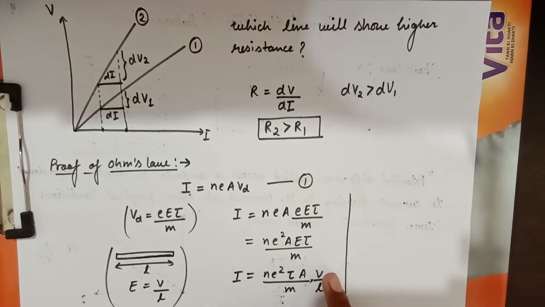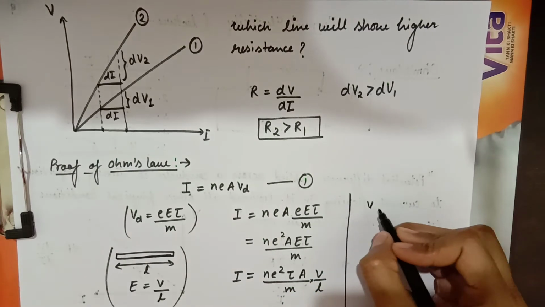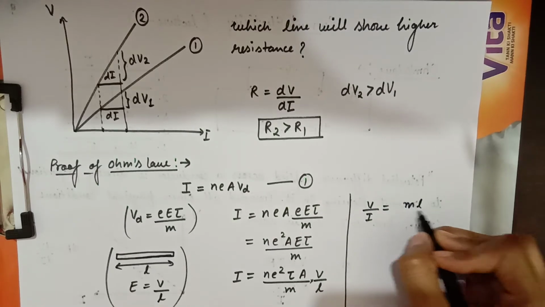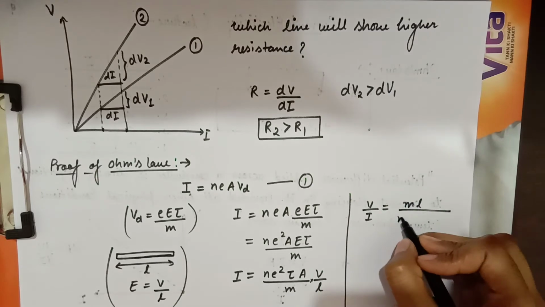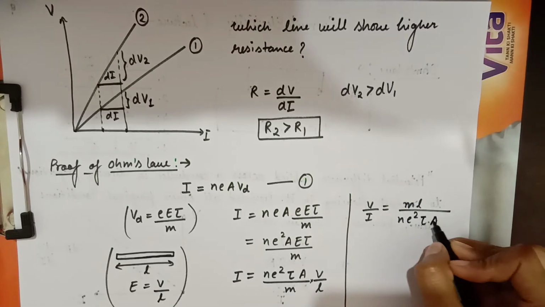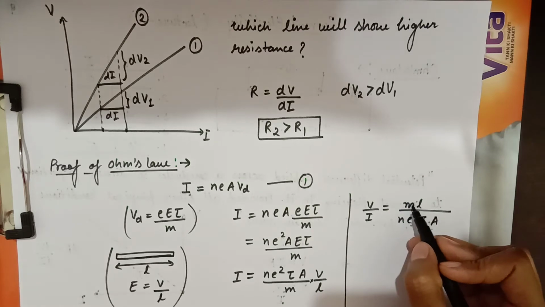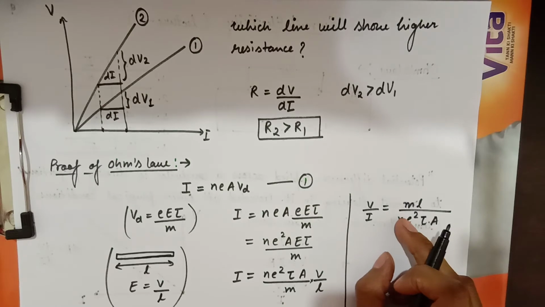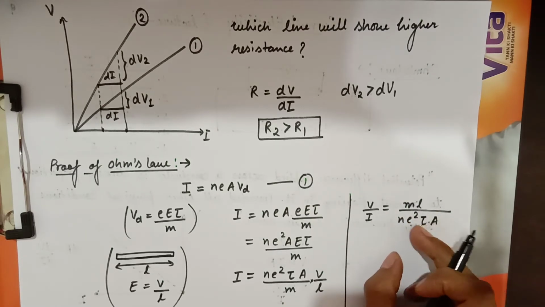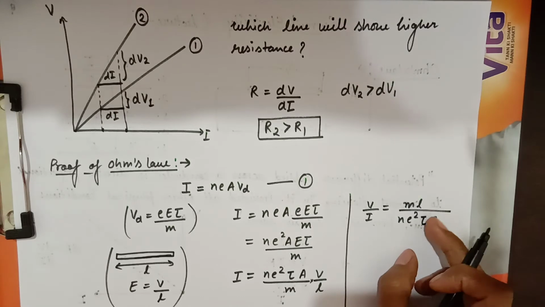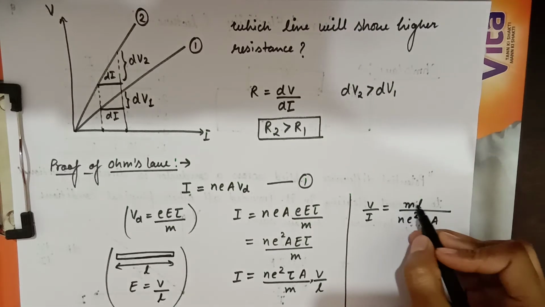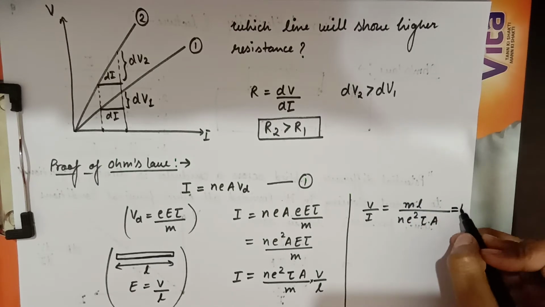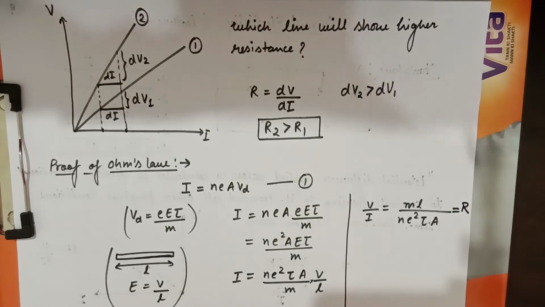So if I write V upon I, V/I will be equal to mL divided by N e² τ A. As you can see, m is the mass of the electron, L is the length of the wire, N is the number density, e is the charge on the electron, τ is the average relaxation time, and A is the area of cross section. All these things are constant, so this whole can be written as one constant, that is R.